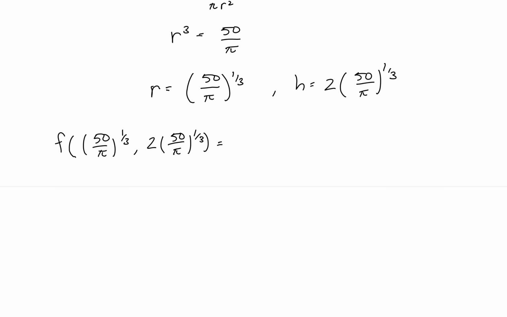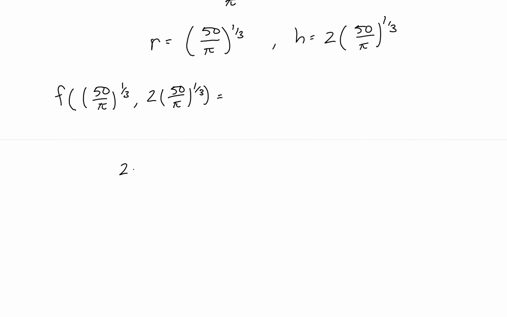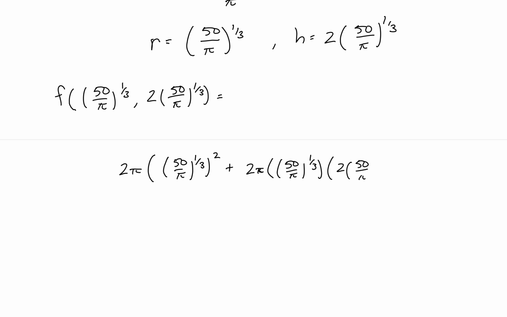If we remember the definition of our function, this is 2 pi times 50 over pi to the 1/3 squared, the 2 times pi r squared part, plus 2 pi times the r, which is 50 over pi to the 1/3, times the h, which is this.